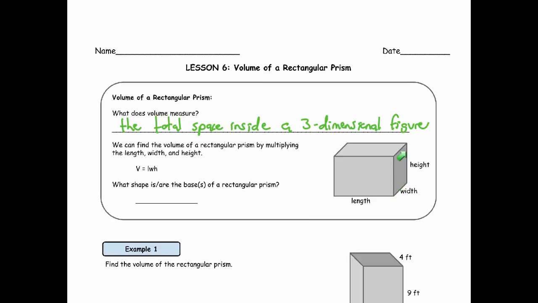Likewise, over here on the right hand side, we can see it's also a rectangle. And the top is also a rectangle. And the faces opposite each of those are rectangles. So each face is a rectangle. Hence the name rectangular prism.